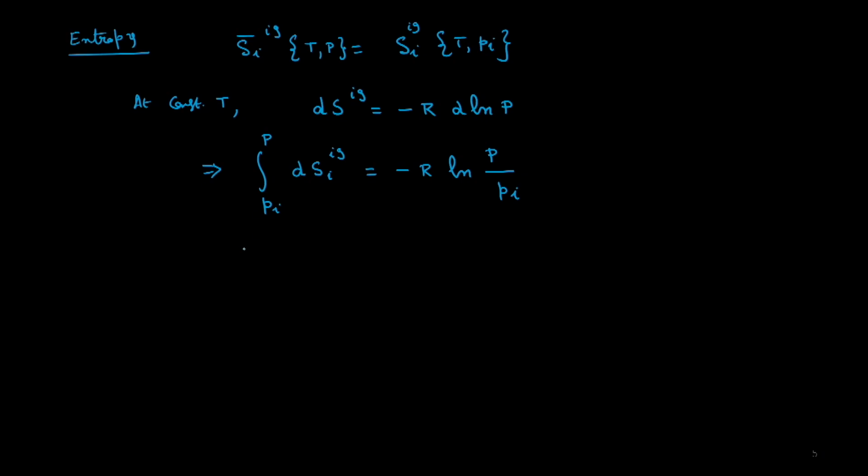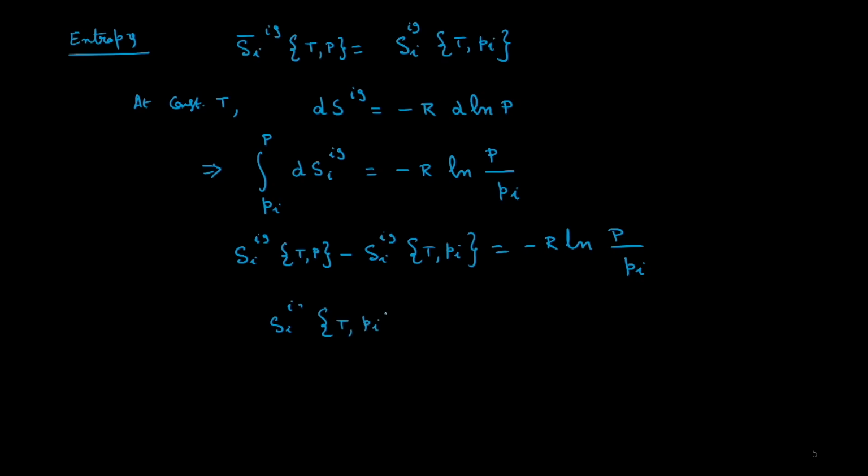So on the left hand side, what I have is Si IG at T and P minus Si IG at T and Pi, and this difference will be minus R ln P over Pi, or Si IG at T and Pi will be the pure component value at T and P plus R times ln.